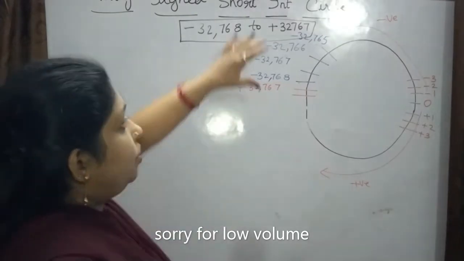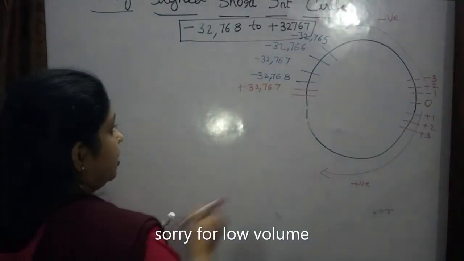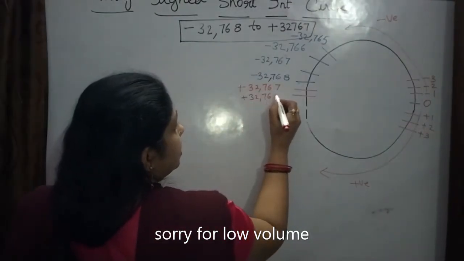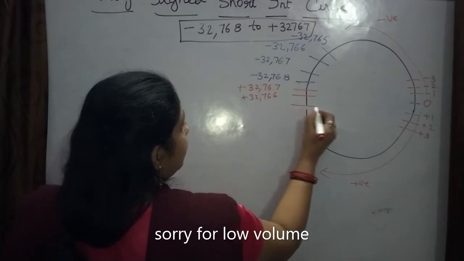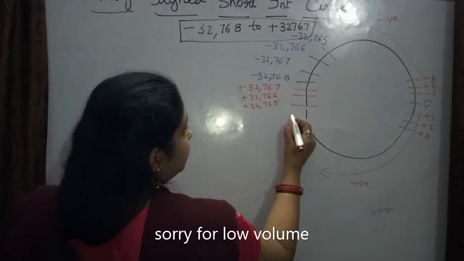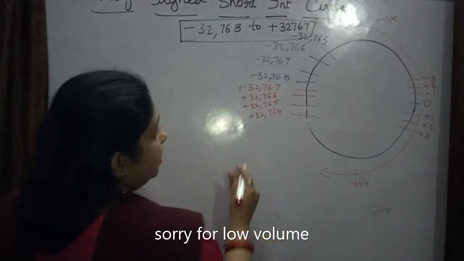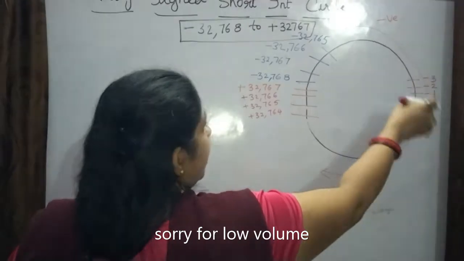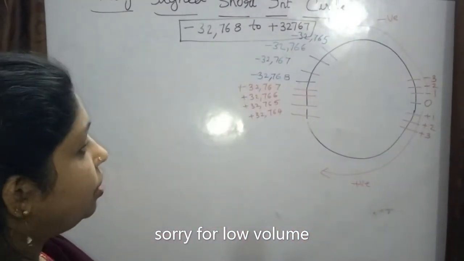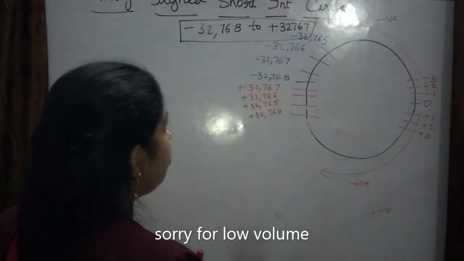That comes with minus. This comes with plus. Plus 32,766, plus 32,765, plus 32,764, like this. It goes till 0, and from minus 1 till minus 32,768. So this is what the signed short int circle.